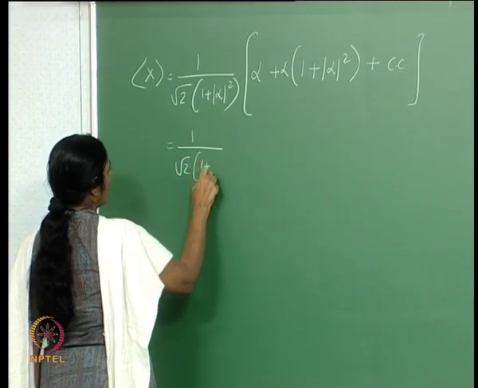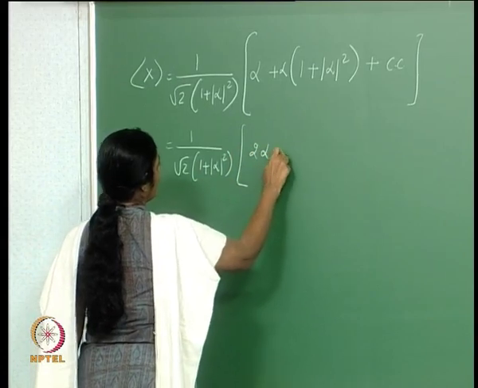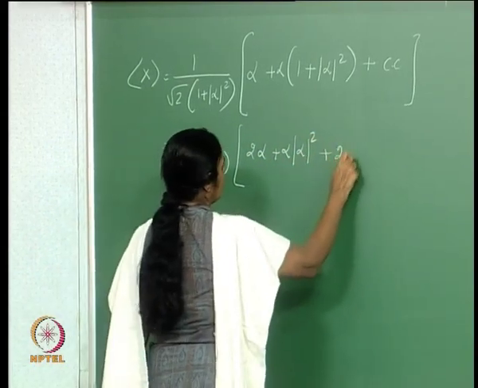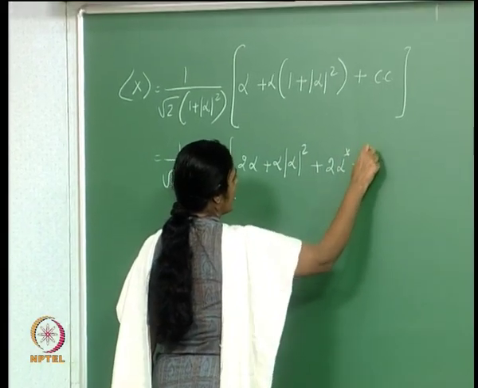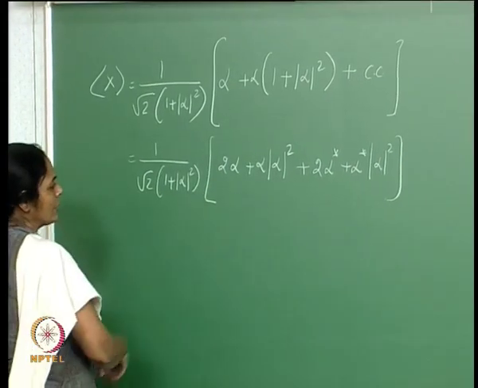So, basically I can now simplify and write this as 2 alpha plus alpha mod alpha squared, and from there 2 alpha star plus alpha star mod alpha squared. This can be further simplified.